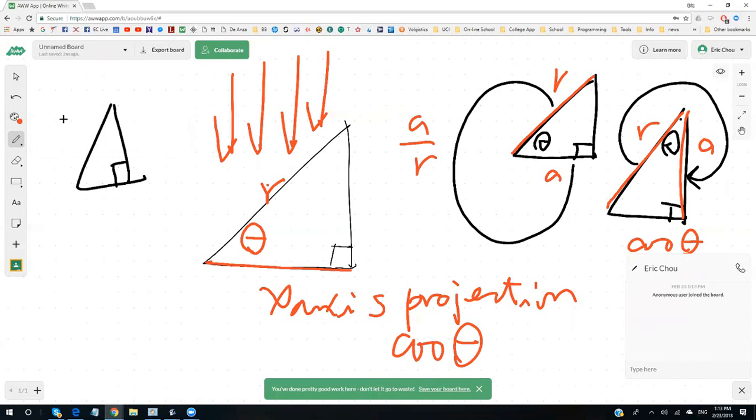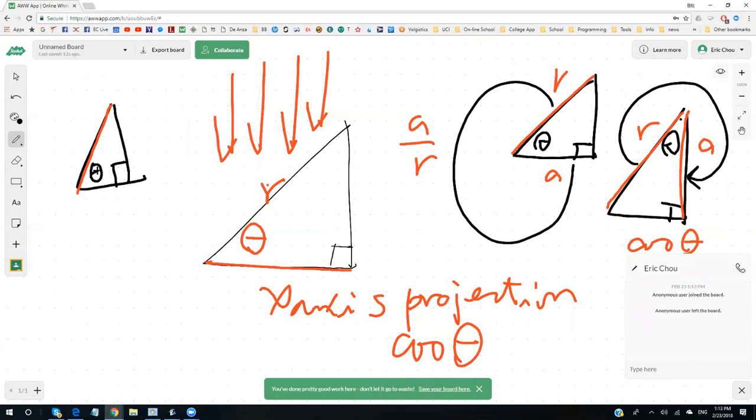I give you this side. Which side will be the cosine side, if I have a theta over here? Oh, it's the bottom one.